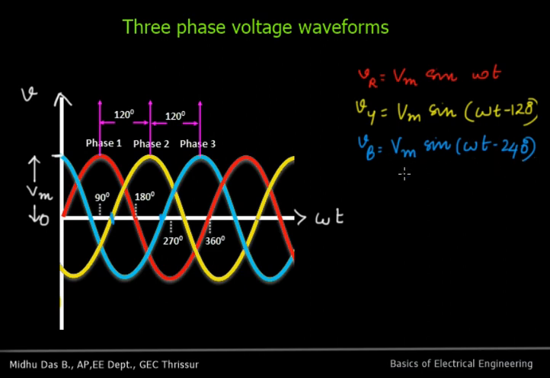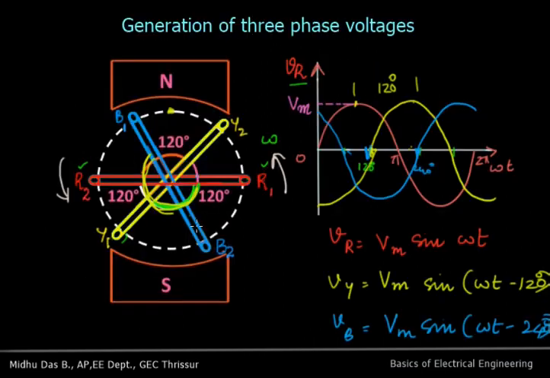Why are these amplitudes the same? Because these coils are considered to be identical. The construction, the length of the coil, the area of cross section, the number of turns and so on are identical, and the magnitude of the flux linking with all these coils is the same.